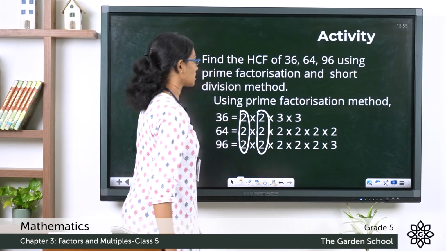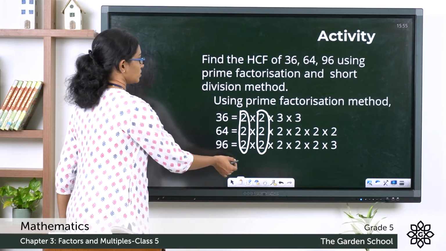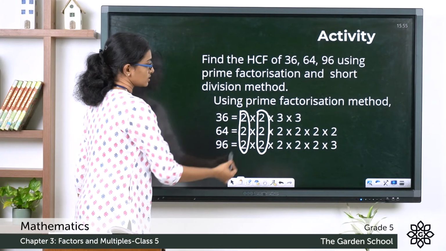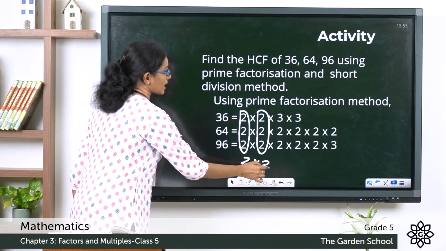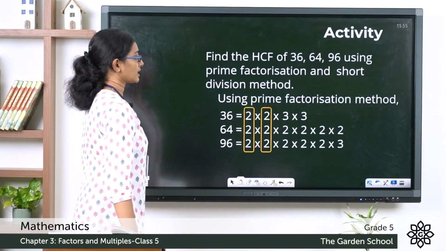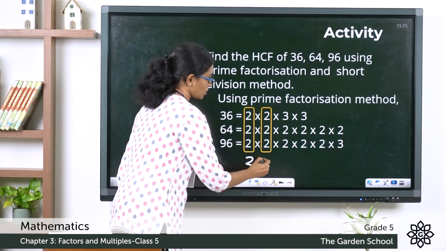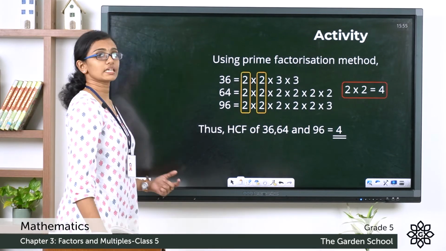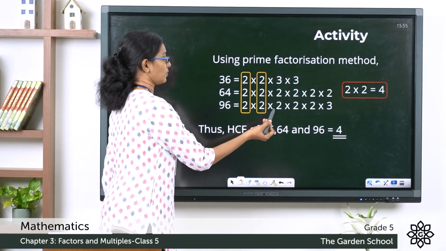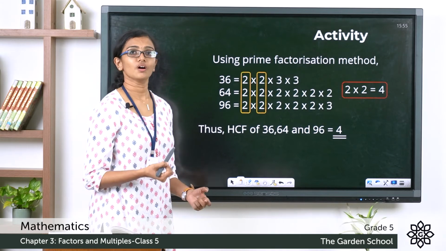Any more numbers? No. So, here you have one group of 2's and the second group of 2's. So, you take one from each group and you multiply. So, what do you get there? 2 into 2, which is equal to 4. So, the HCF of 36, 64 and 96 is equal to 4.